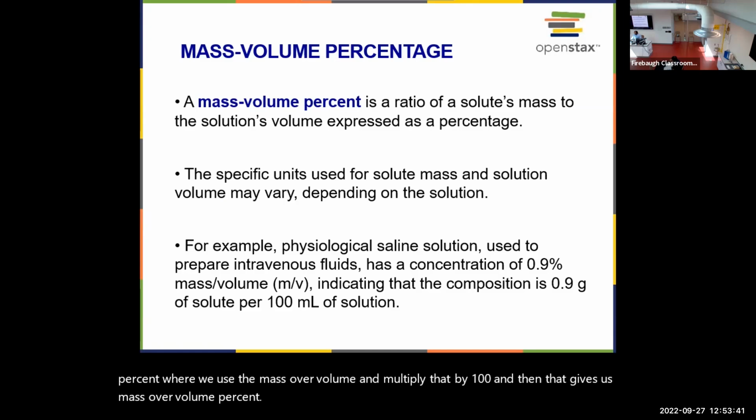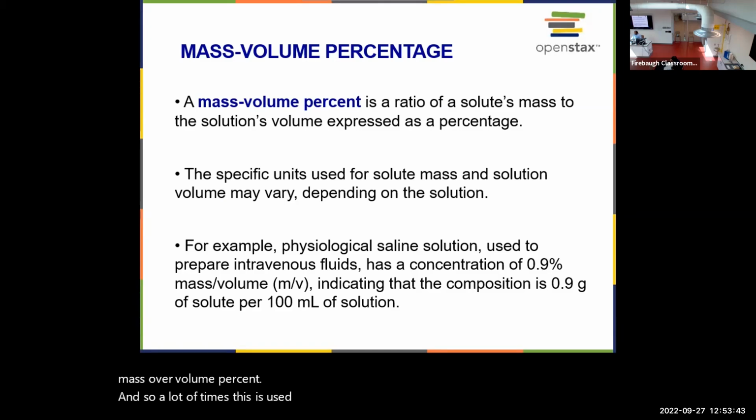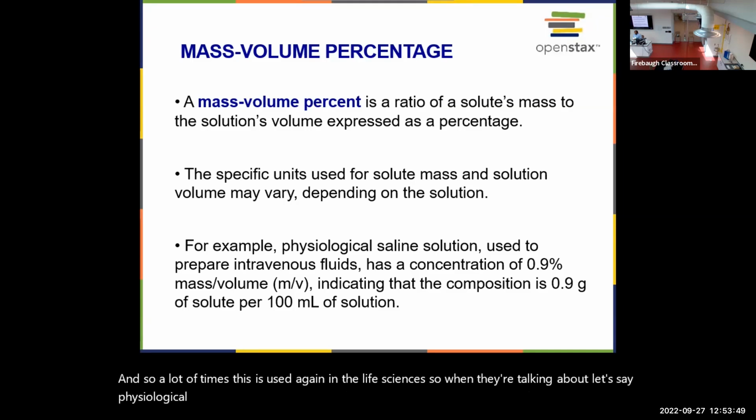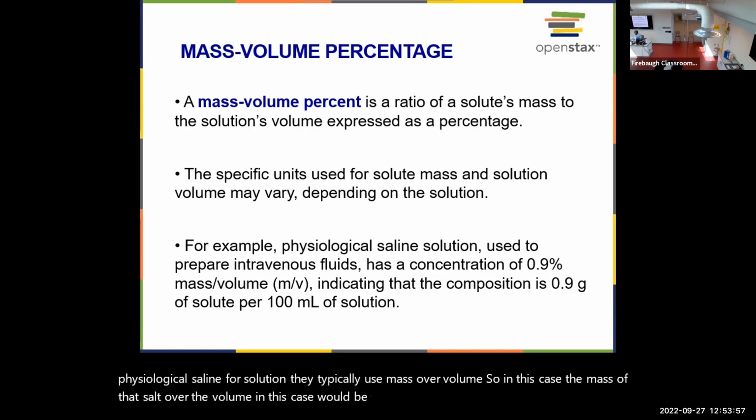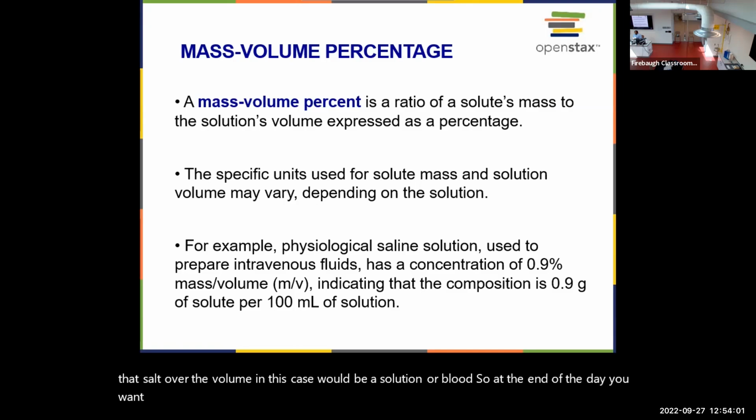A lot of times, again, it's life sciences. So when we're talking about saline, they get mass. In this case, mass of salt over volume of solution. That means mass per volume.